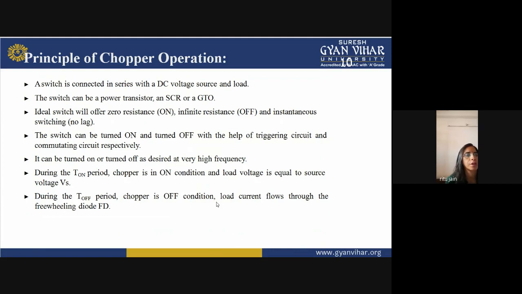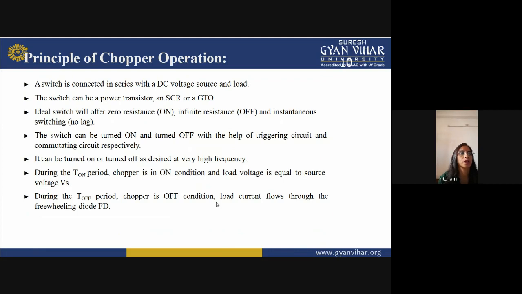The switch can be turned on and turned off with the help of a triggering circuit and a commutating circuit respectively. Commutating circuit means the circuit which is used to turn off the SCR. It can be turned on or turned off as desired at very high frequency.